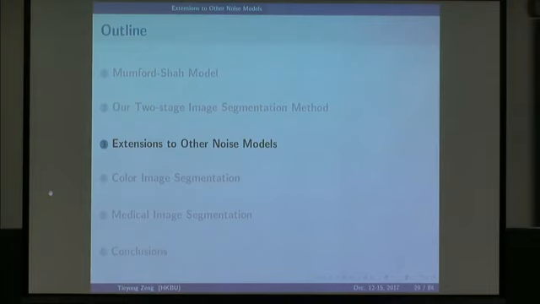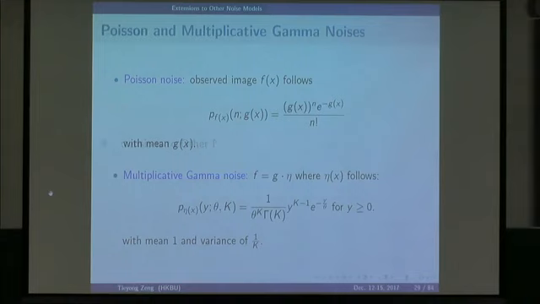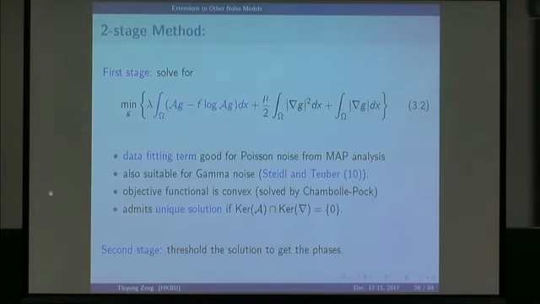For example, we can extend this model to non-Gaussian noise models, for example, Poisson or multiplicative gamma noise. Basically, if the image satisfies this, or the gamma noise, you use some log there.